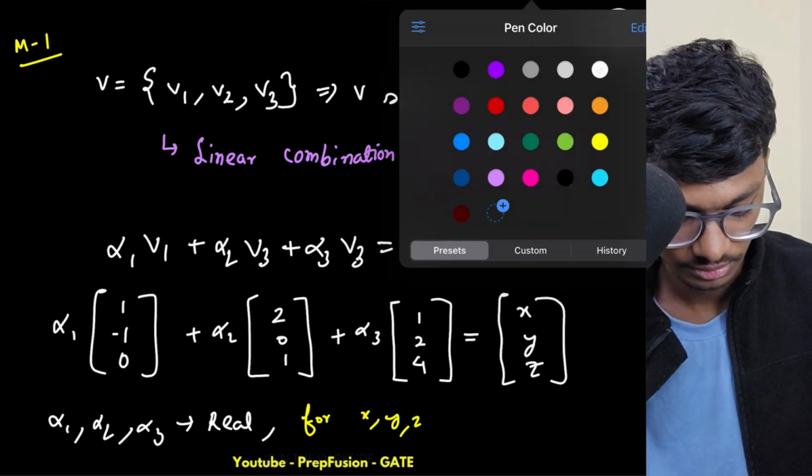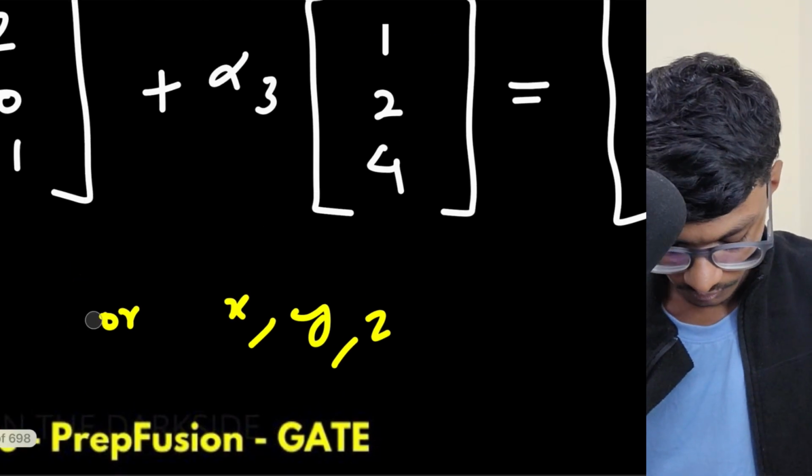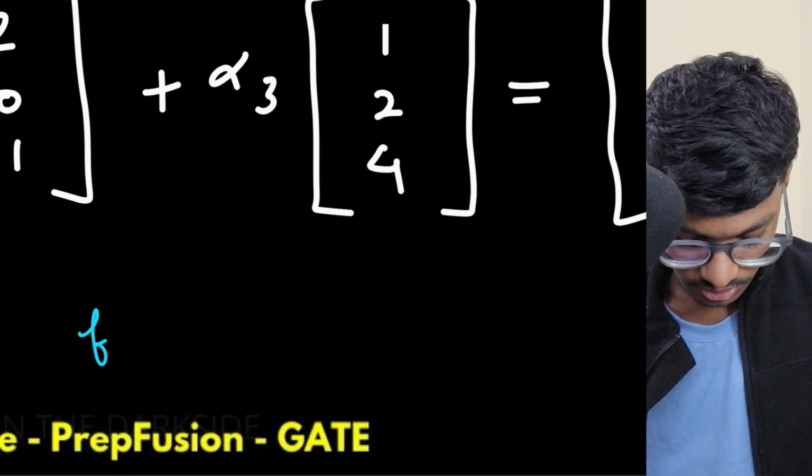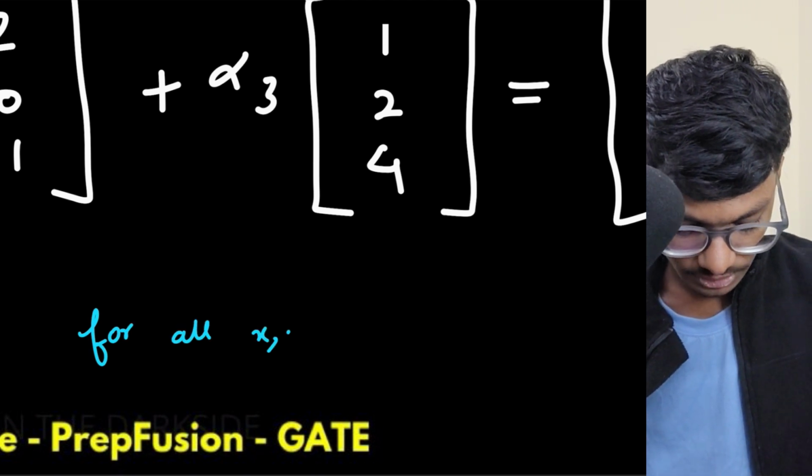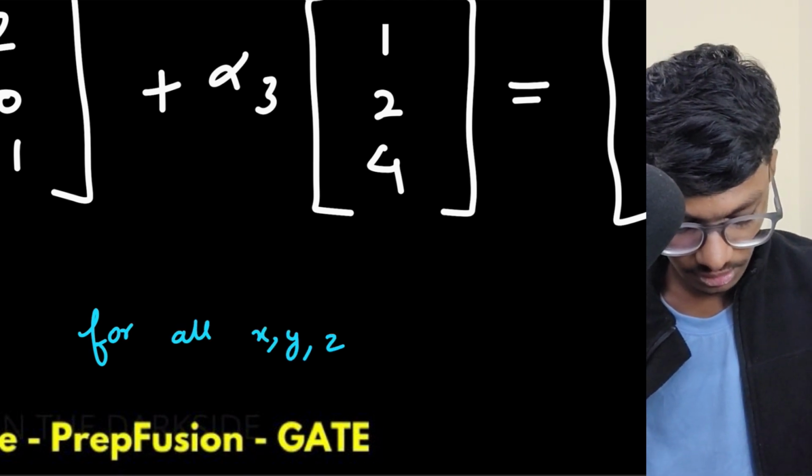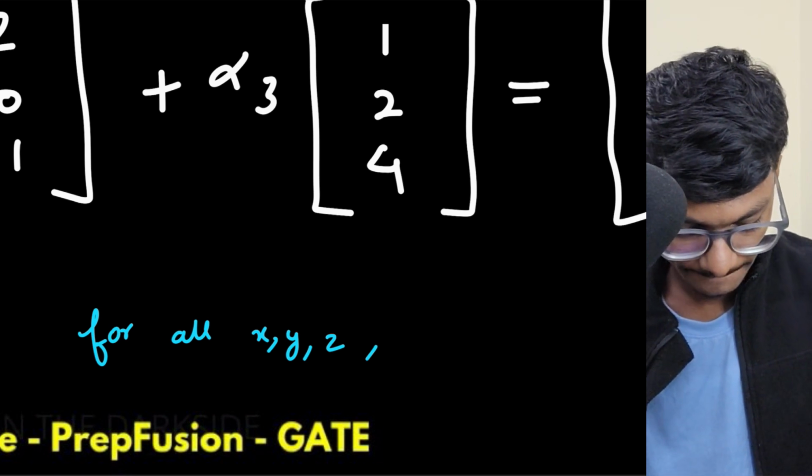I will write this in small: for all x, y, z, the above condition needs to be satisfied.